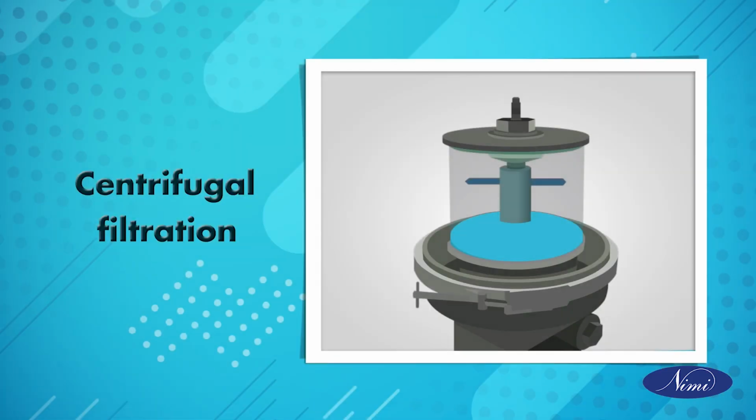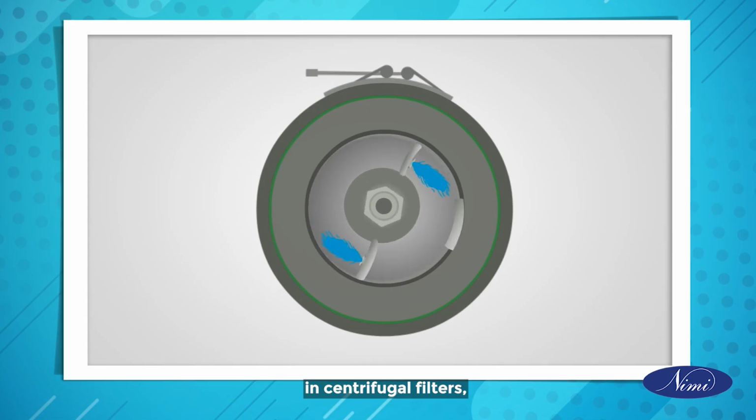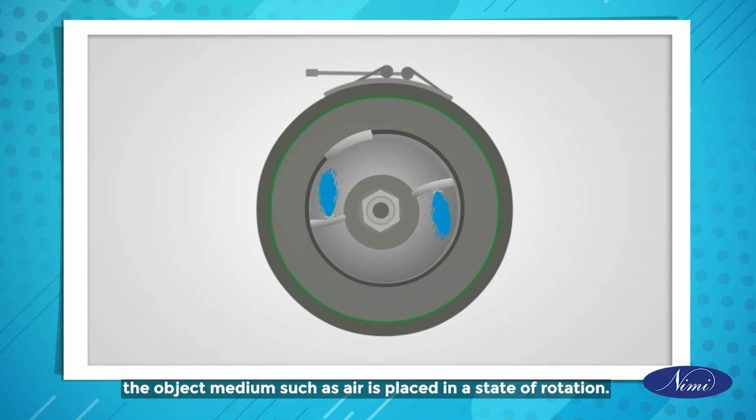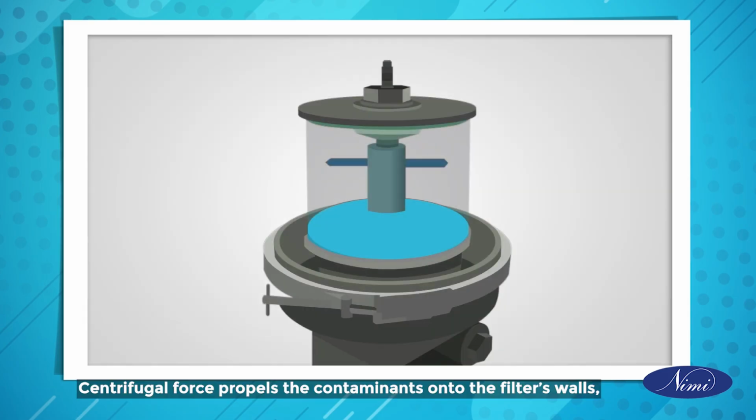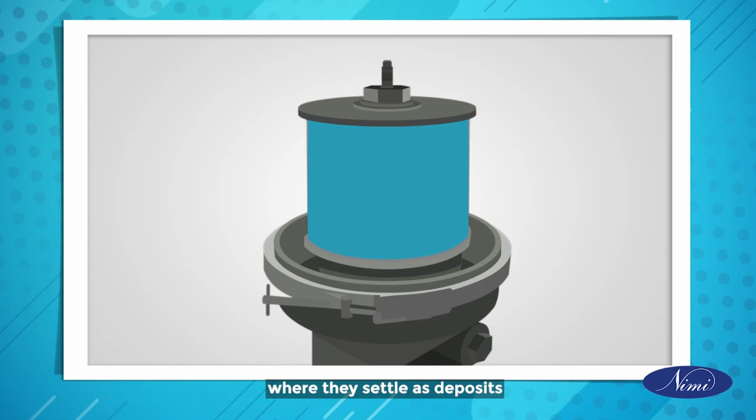Centrifugal filtration: in centrifugal filters, the medium, such as air, is placed in a state of rotation. Centrifugal force propels the contaminants onto the filter's walls, where they settle as deposits.